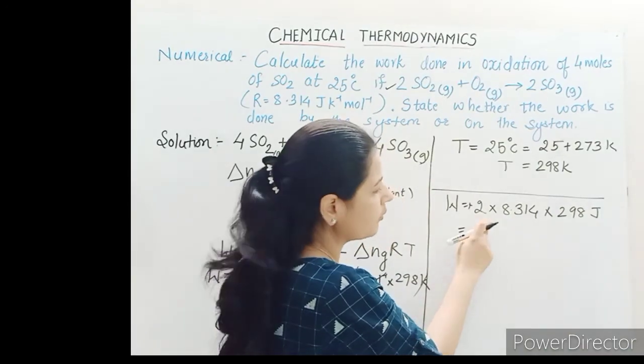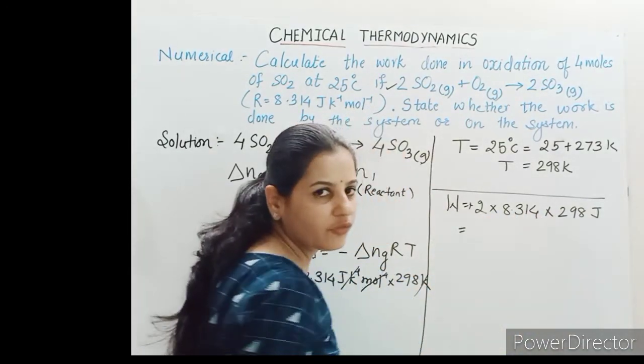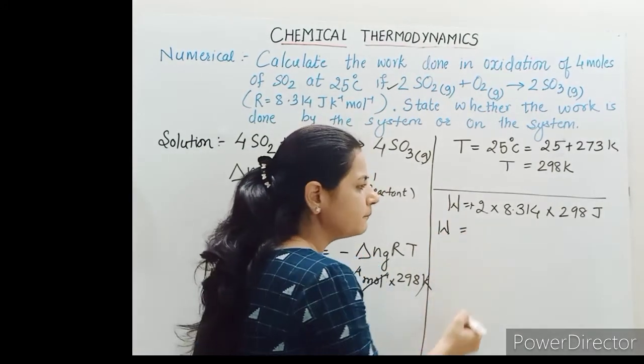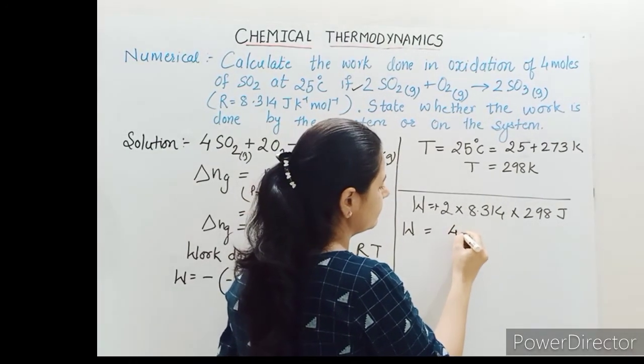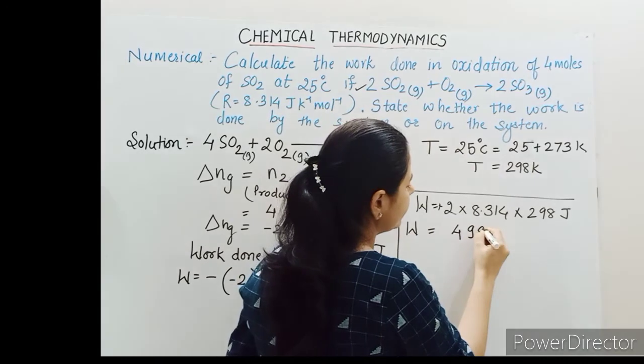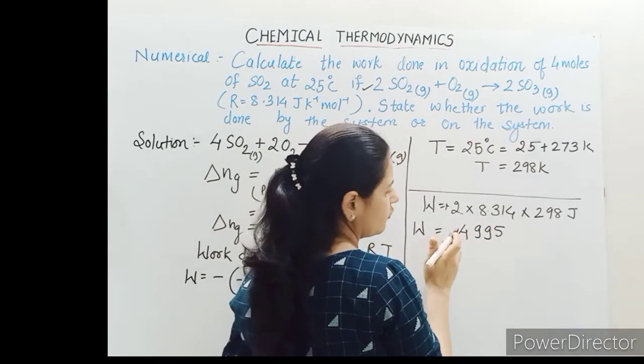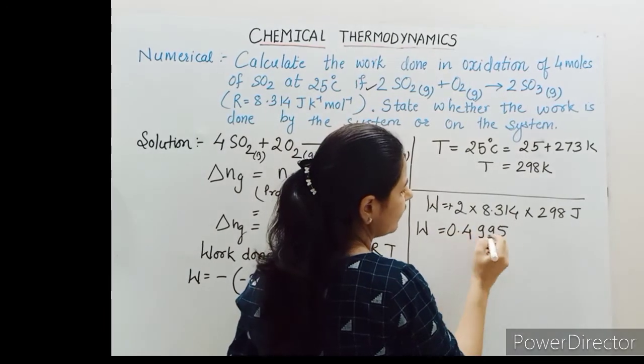And just now we have solved it. Yes, in the previous problem also there was 2 into 8.314 into 298 and we have calculated it, and that comes out to be 4955 joules. Okay, this we have just calculated.